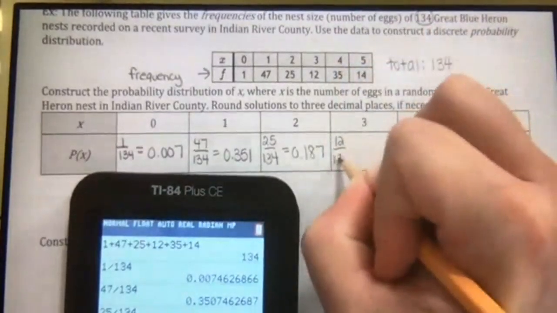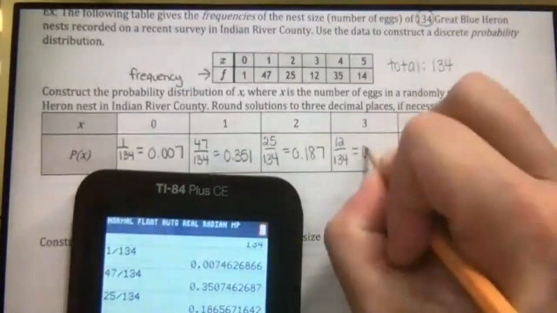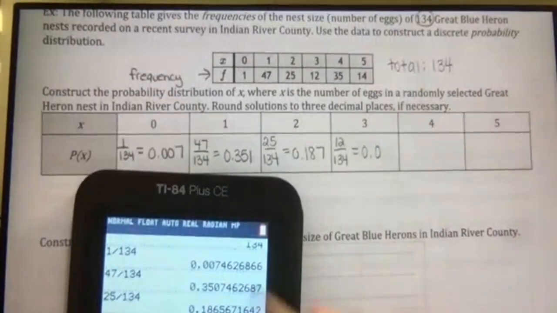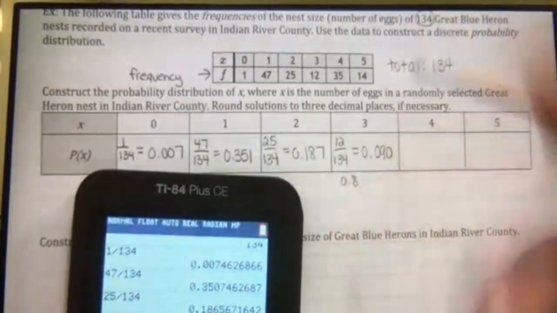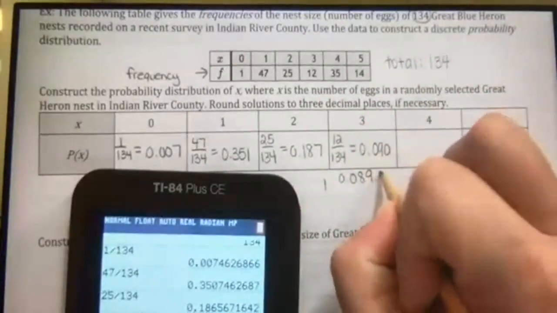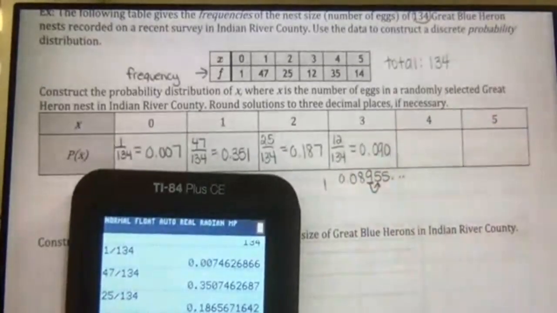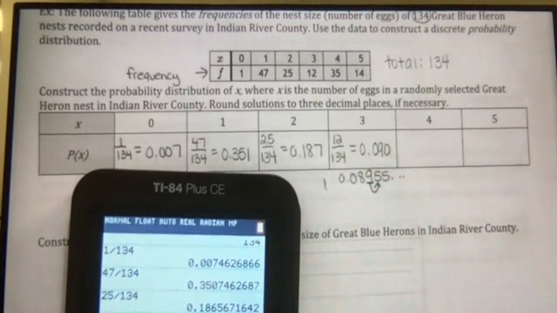So 12 out of our total 134 would give us 0.0895 and so on. We're rounding this 9, looking next door is a 5. So that 89 is going to round up to 90. Make sure to put that 0 at the end though, because that shows that you rounded to 3 decimal places. Don't leave it as 0.09, or else it'll think that you only rounded to 2 decimal places.